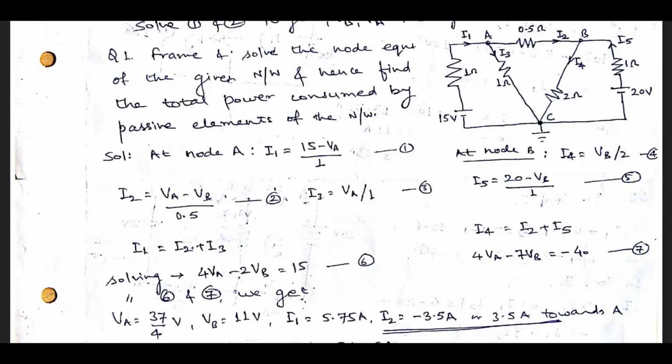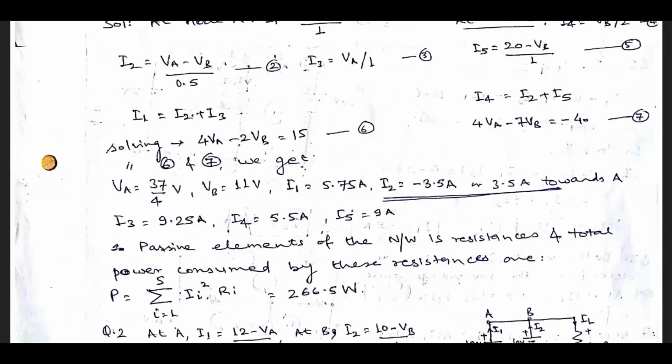In the end result, the current I2 was obtained as minus 3.5, which signifies that the direction of the current is opposite from what we have supposed.